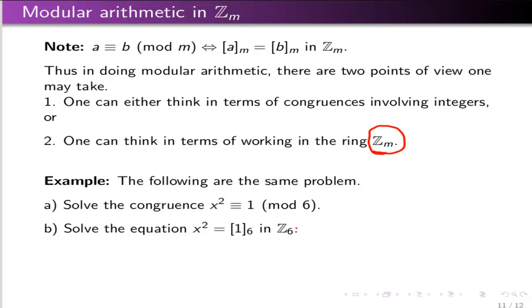So in the second vantage point, I'm thinking, I've got 6 objects, each of which is a congruence class. And in part A, I'm looking at integers, and I'm trying to find some integers whose square is congruent to 1 mod 6. And of course, the answer is going to come out the same.